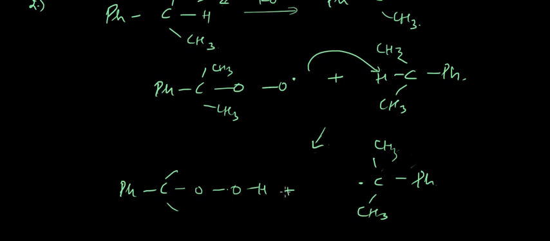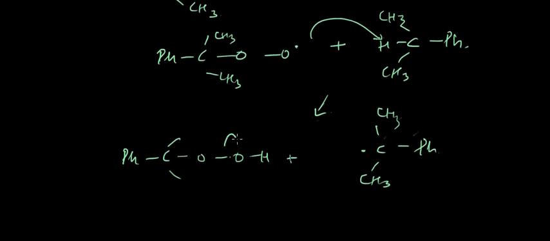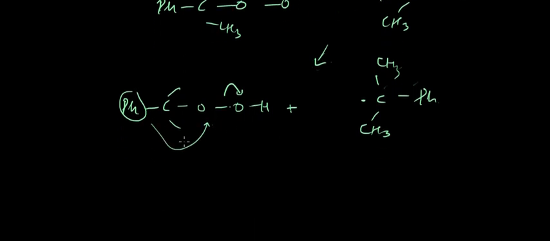So what next would happen is this OH would be leaving, and as a result this Ph group would be migrating to this oxygen atom, and we'll get something like CH3, positive charge here, oxygen, and Ph here, OH minus released.